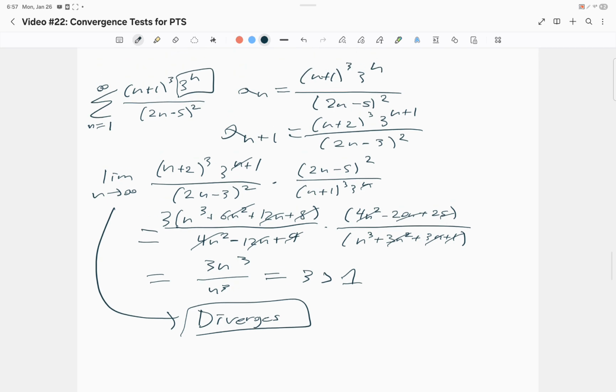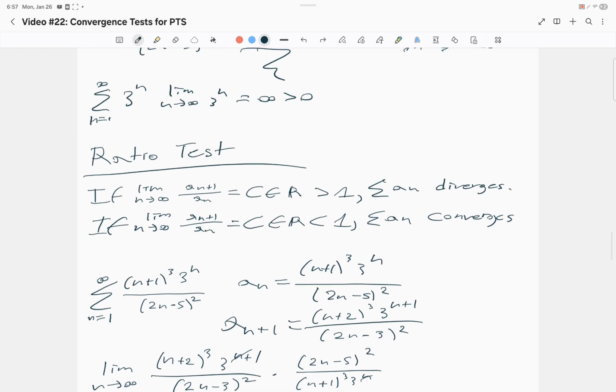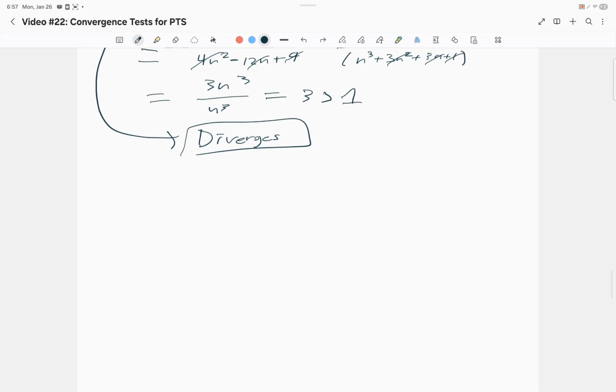As we saw here, we have 3 to the n plus 1 on the top and 3 to the n on the bottom, which cancels very nicely. That's something to look out for when we do the ratio test, and that would be a good use case.